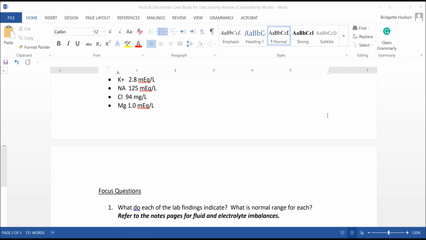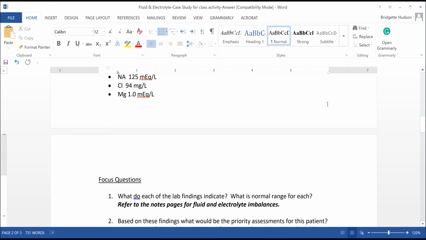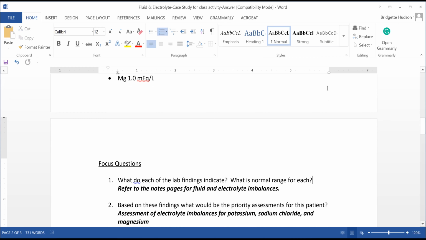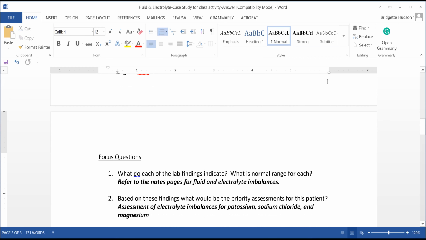All right, so let's move on with this case study. Based on these findings, what would be the priority assessment? So I'd be looking at neuro, cardiovascular, respiratory. They complained of abdominal cramps. Well, that would coincide with what? Hyponatremia, hypokalemia. Which one?